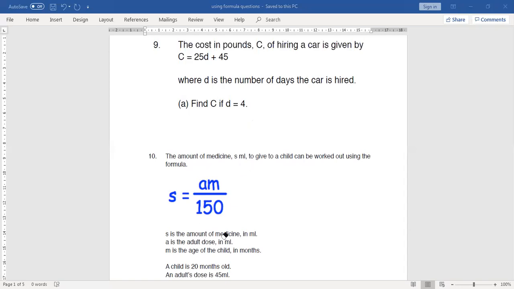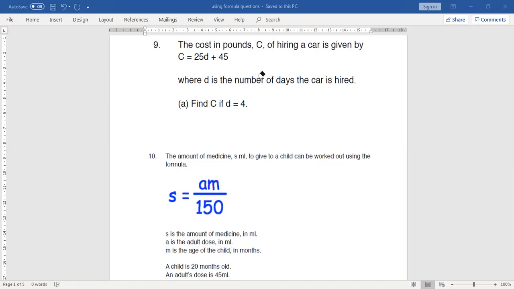S is the amount of medicine in milliliters, A is the adult dose in milliliters, and M is the age in months. Okay, so the child is 20 months old. So what letter do we think is 20? If we look up here, a child is 20 months old, which is to do with M, the age. An adult's dose is 45 mils. So A is the dose of an adult.